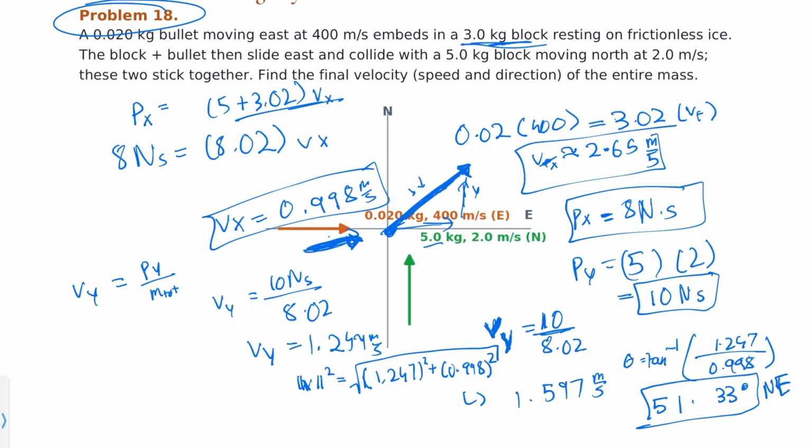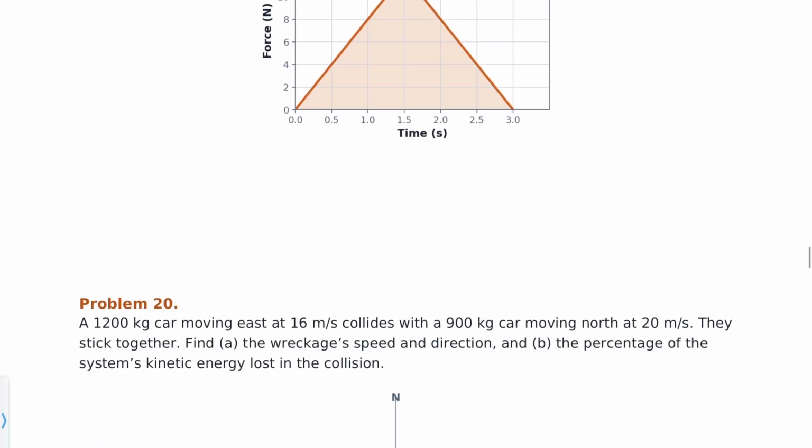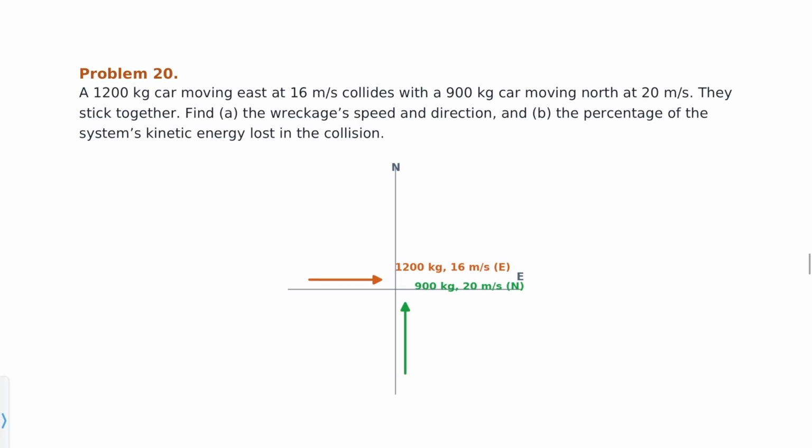Okay, and then the final challenge here to tackle, problem 20. A 1200 kg car moves east at 16 meters per second and collides with a 900 kg car moving north at 20 meters per second. They stick together.